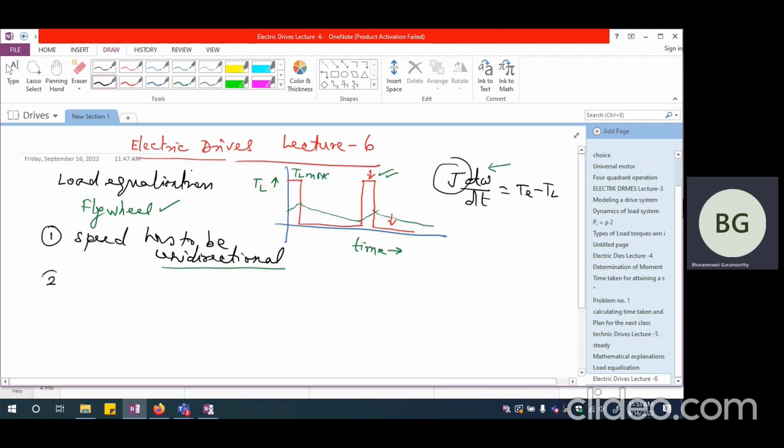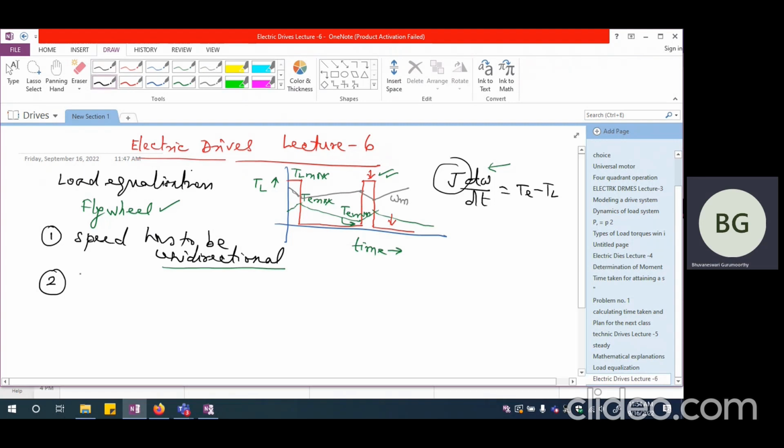Another major thing is, there is torque variation. We said that the variation in the torque of the motor itself is going to be from TE max to TE minimum. So this is how the electromagnetic torque is going to vary. At the same time, we said again, if you look at the speed, it is going to vary like this. It is going to come down during this, and then it is going to increase and again come down, increase, and so on. So this is going to be the mechanical speed variation.